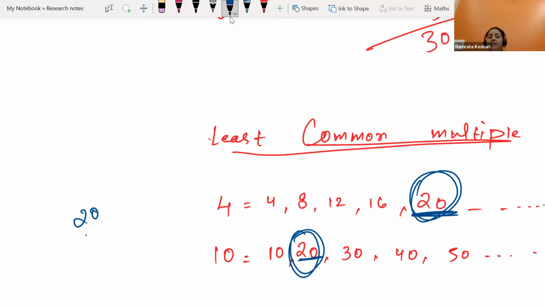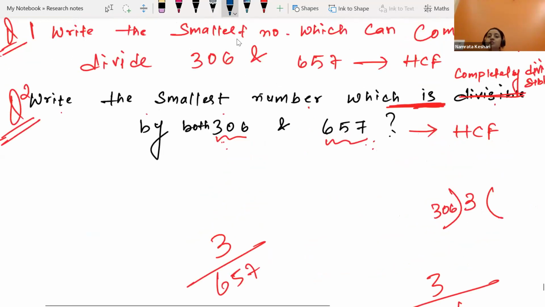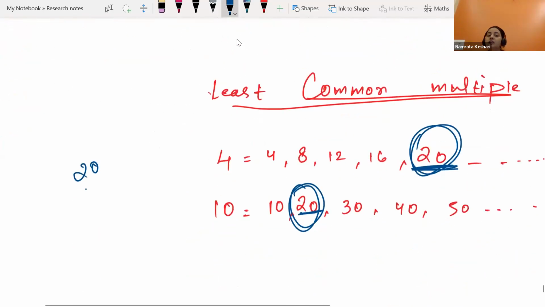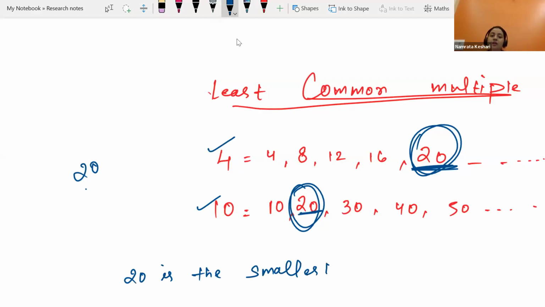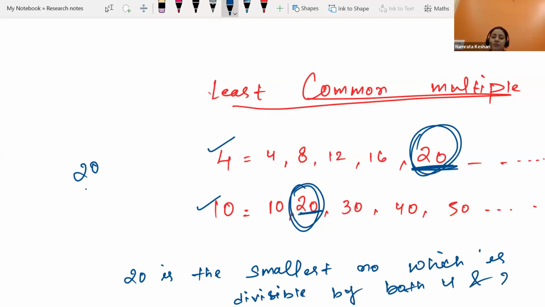Now this 20 is the smallest number which is completely divisible by 4 also and by 10 also. Yes or no? Yes. Let me write: 20 is the smallest number which is divisible by both 4 and 10.